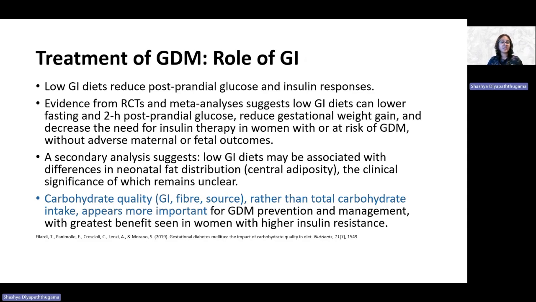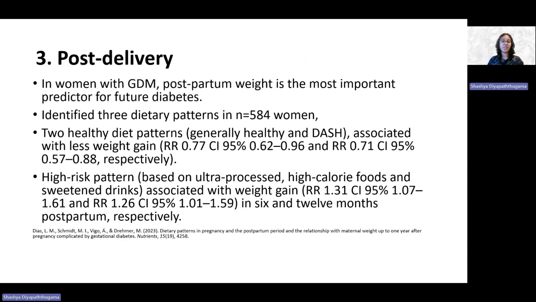So the third category is post-delivery, that is after delivery. For a woman who had gestational diabetes during their pregnancy, it is important to focus on weight after delivery because that is a predictor of future diabetes.